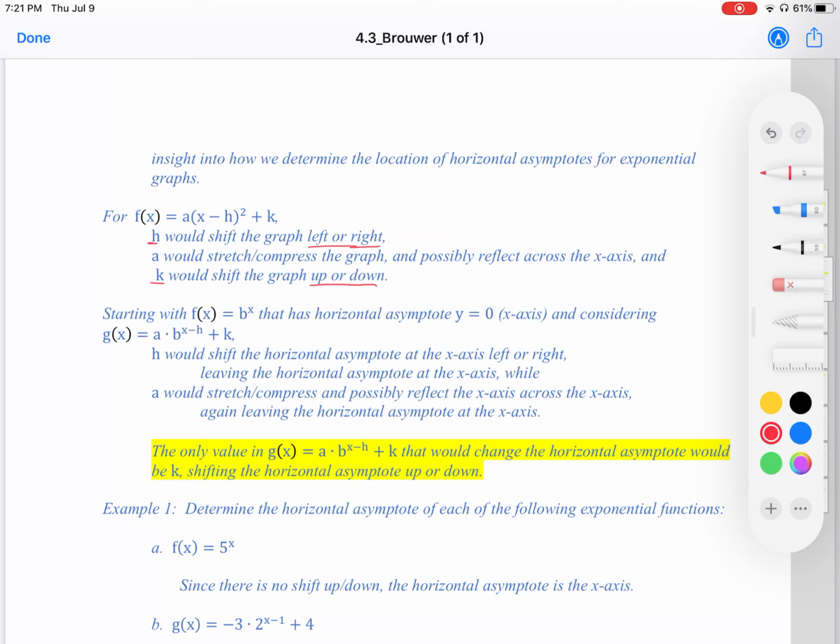Starting with f of x equals b to the x, that has a horizontal asymptote of y equals 0, and considering that g of x equals a times b with the exponent of x minus h, plus k, k would shift the horizontal asymptote, rather than the x-axis.